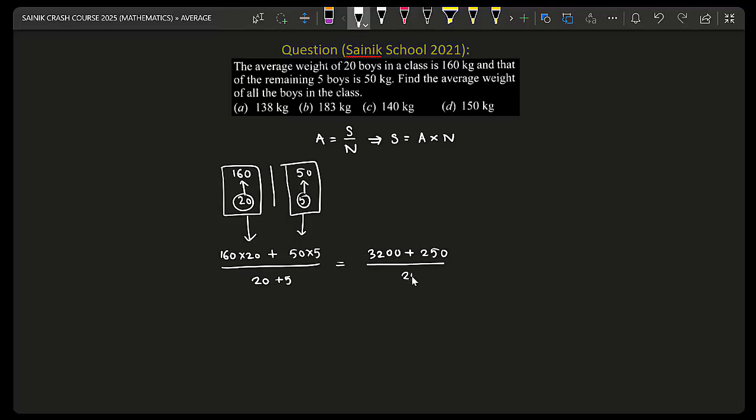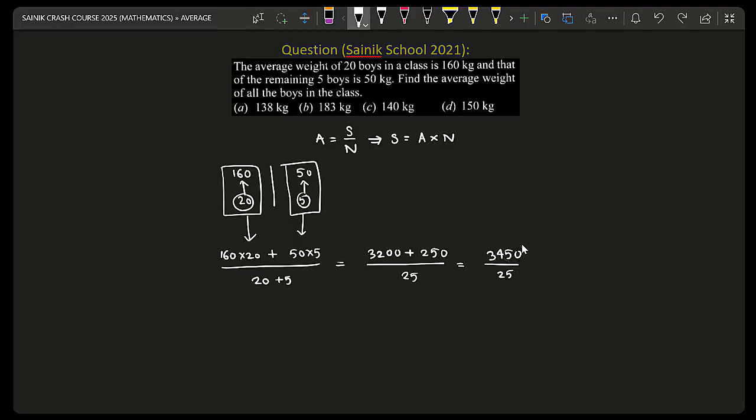25. Okay, now you can simplify this. 3450 divided by 25. Shall we do it directly by 25? By checking the last two digits, we understood that it is divisible by 25.